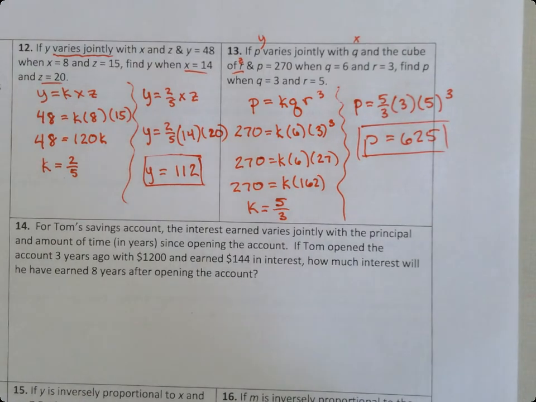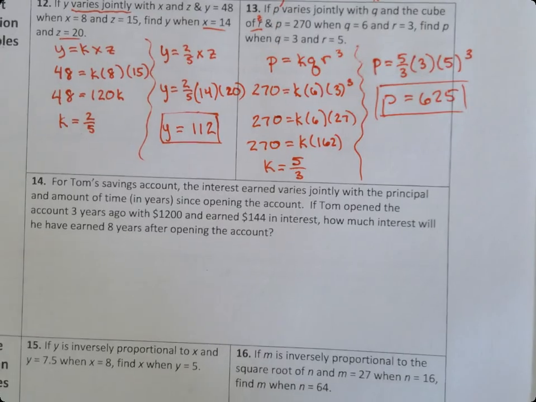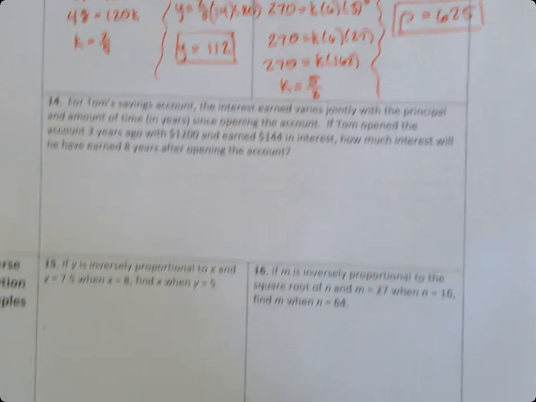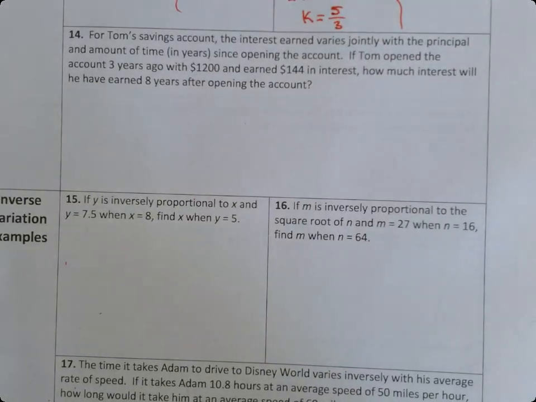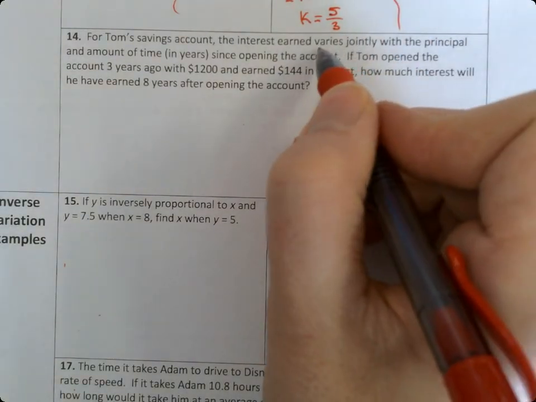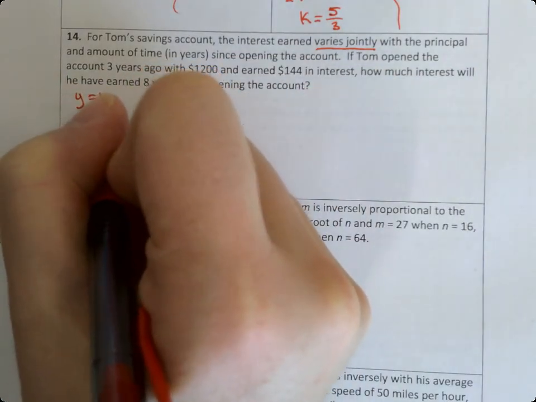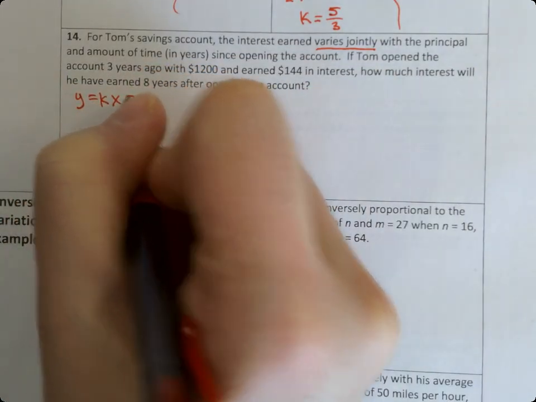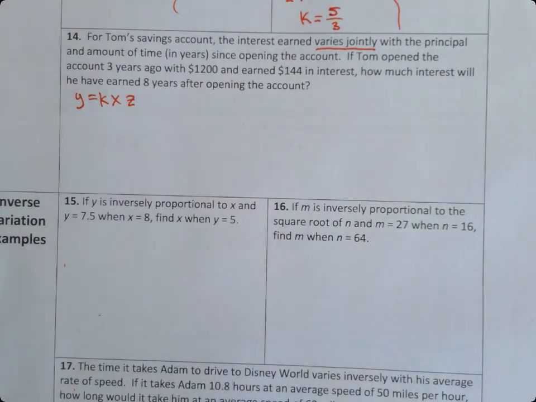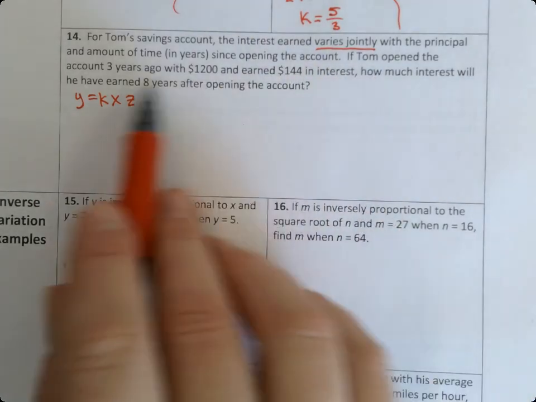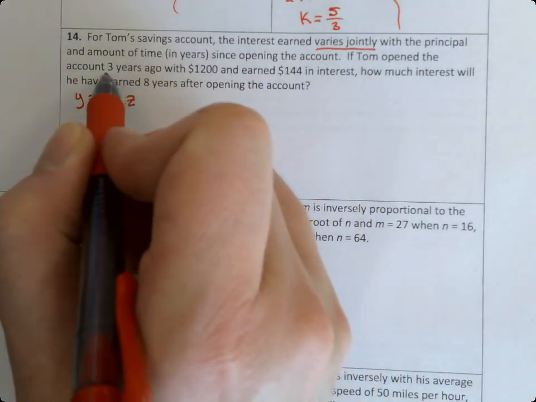Okay, go ahead, take a second and read number 14. It varies jointly. So that would be Y equals K times X times Z, but you could choose to use other things for the variables. Let's see. Tom opened the account 3 years ago, so that would be your time.